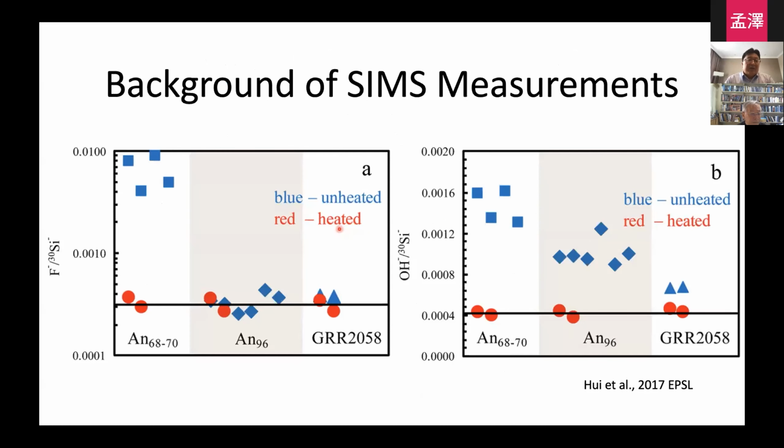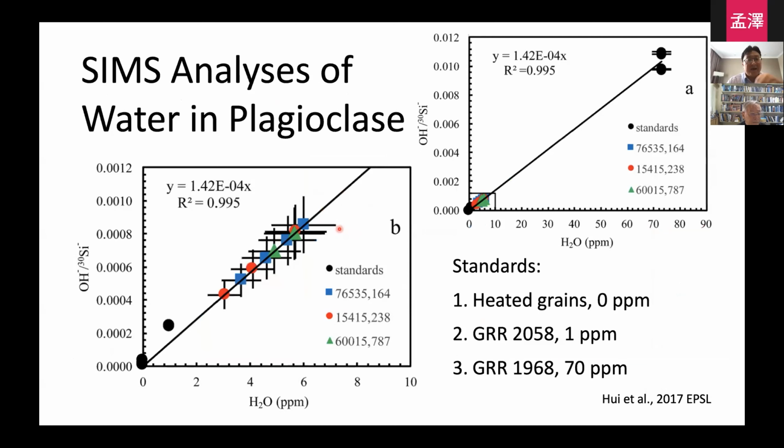And we also did SIMS measurements on these grains, and I will skip the details about this method. I directly show you the results. Basically, we obtained the hydrogen water contents in these plagioclase grains from 63535, 15415, and 60015.